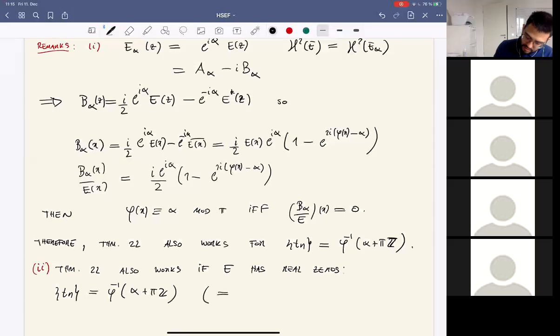So these would coincide with the zeros of B over E. If E had no real zeros, that would be exactly the zeros of B. But since E has, you have to remove those zeros of B which are also zeros of E, but not those with the higher multiplicity, okay?